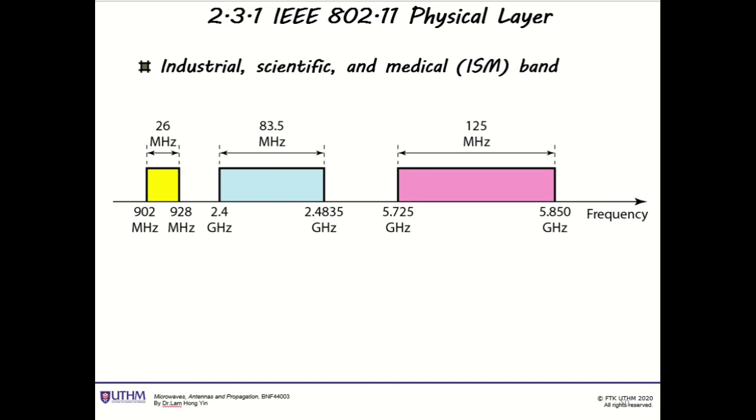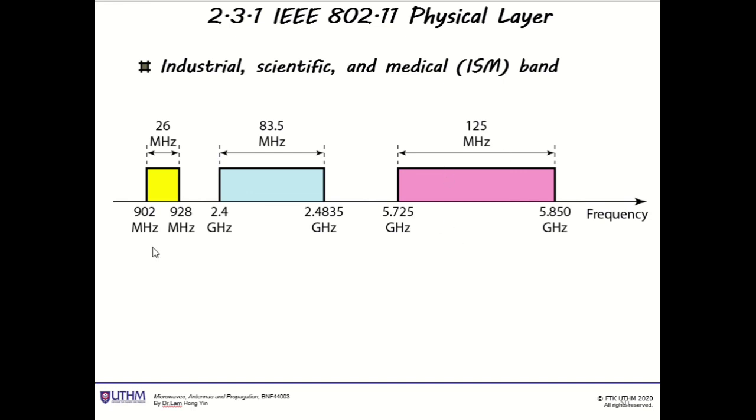I already mentioned the ISM band, Industrial, Scientific and Medical band, which is basically free to be used by citizens and also industry. You don't require a license from the MCMC to operate in this band. Most of the industry uses the 2.4 GHz band, 2.4 to 2.4835 GHz. For Wi-Fi, we also have the 5.725 to 5.85 GHz band for point-to-point communication.